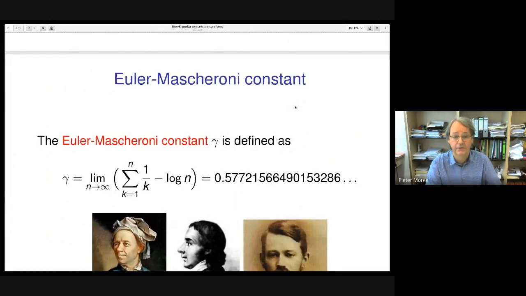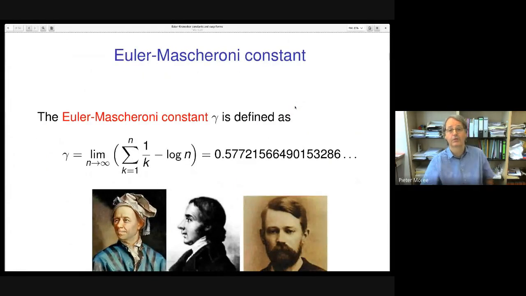Well, the starting point, of course, is the Euler constant that you all know. That's of course one of the basic constants in mathematics. And actually, coming back to Landau and Ramanujan, what we will see is that the fact that the Euler constant is larger than a half plays an important role.